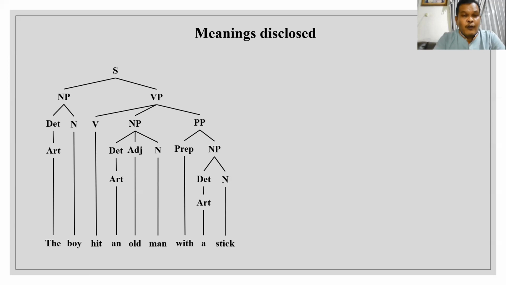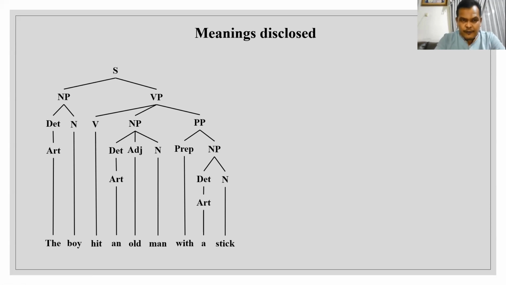Now let's study this sentence very carefully. You see here that a stick is a part of the verb phrase, and the stick here is a part of a prepositional phrase, which is the same constituent as the noun phrase and verb.